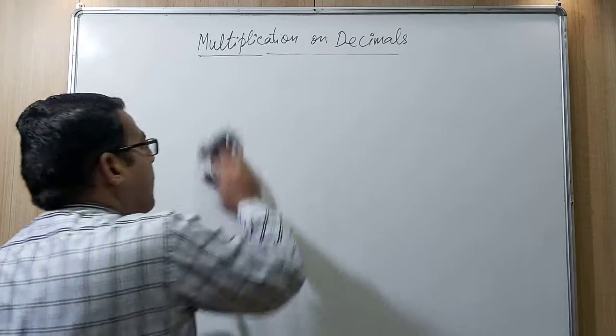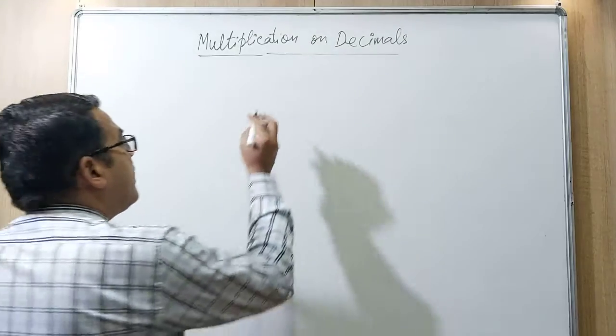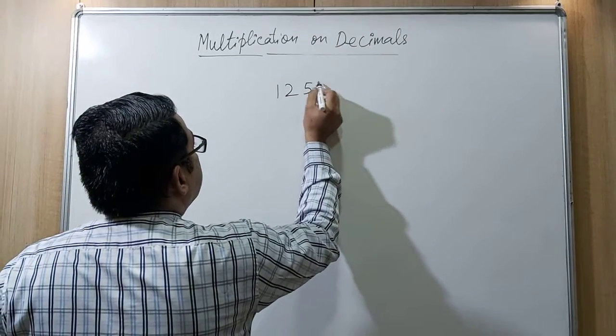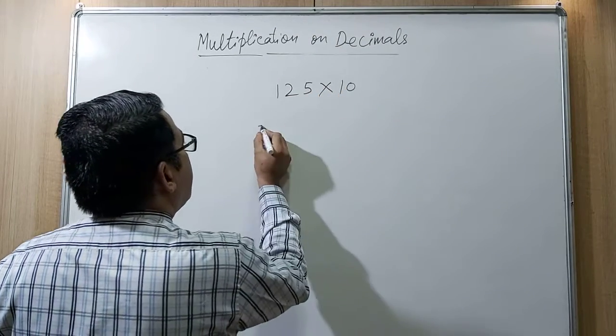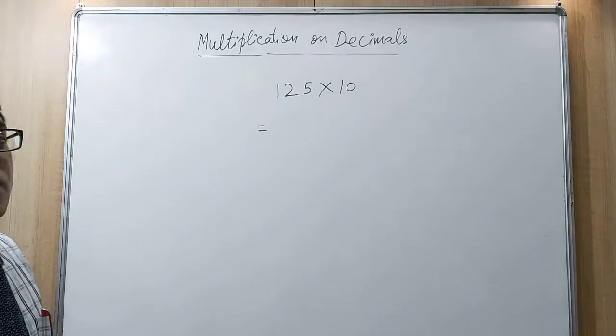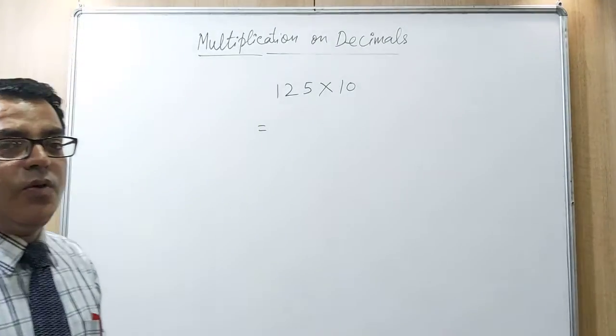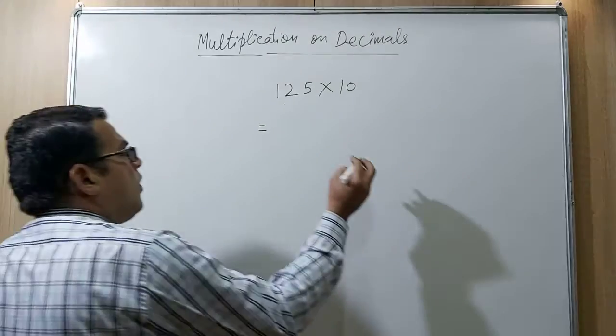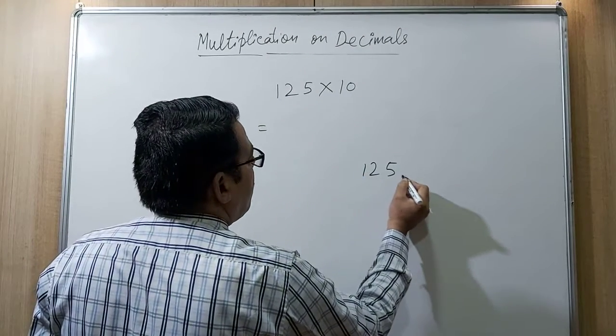Now if a whole number is there and we have to multiply it by 10, what can we do now? Since it has no decimal point, take 125. It has a decimal point after 5.